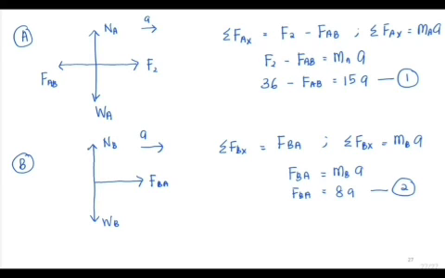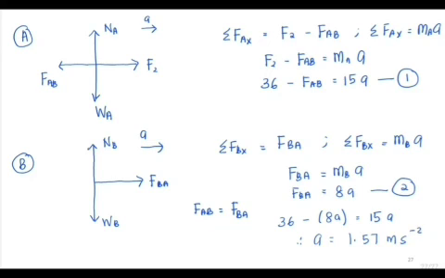Since FAB and FBA is a contact force, they have same in magnitude but opposite in direction. Then we can substitute FBA into FAB in equation number 1. And here, the acceleration is equal to 1.57 meter per second squared.